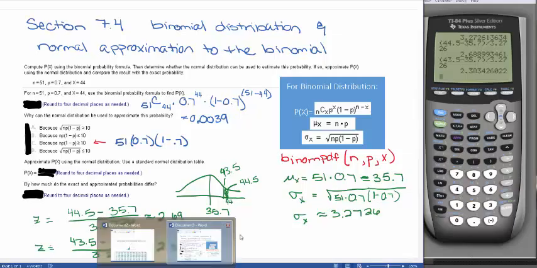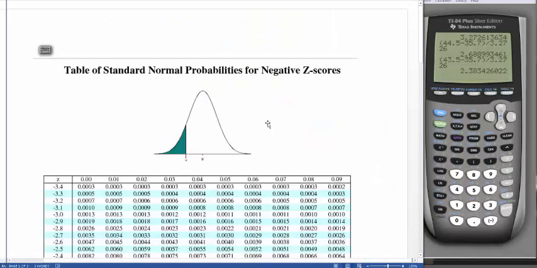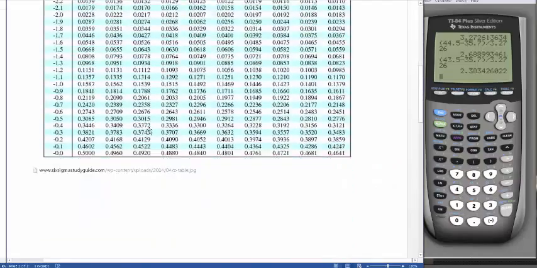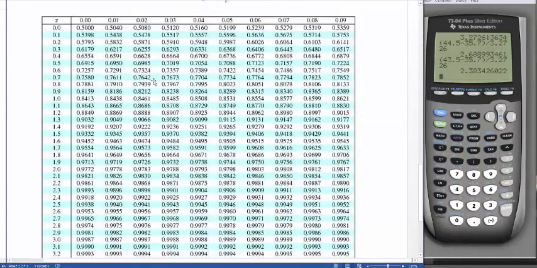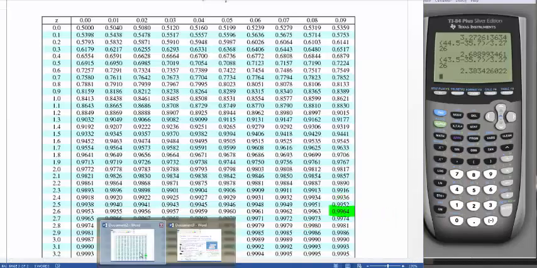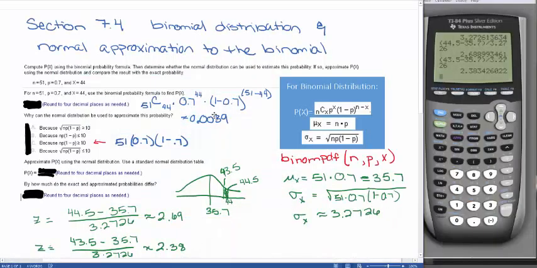So we're going to look up the areas. We'll look 2.69 up first. So we have 2.6, then we go all the way to the end, 2.69. We have 0.9964. Okay, so that'll be our area. And now let's look up the area to the left of 2.38.